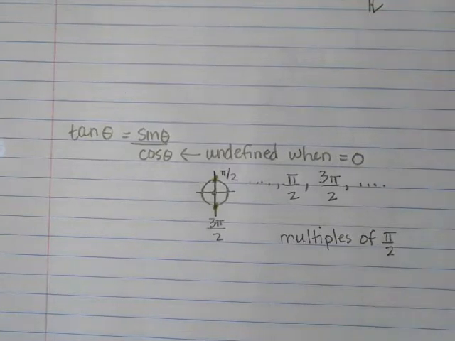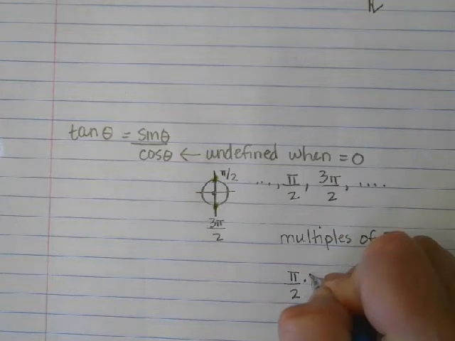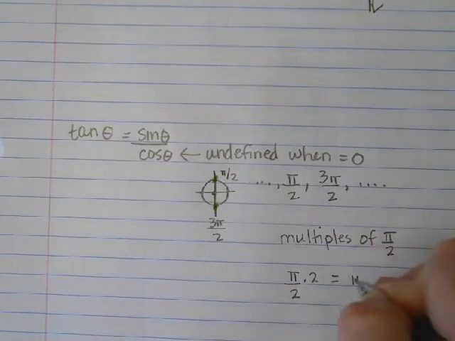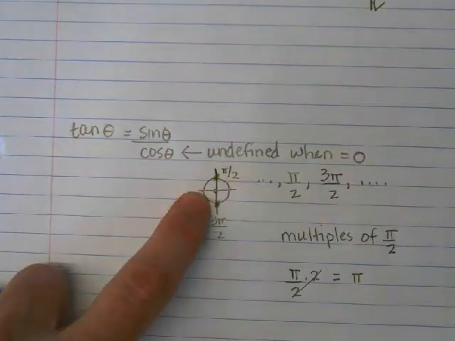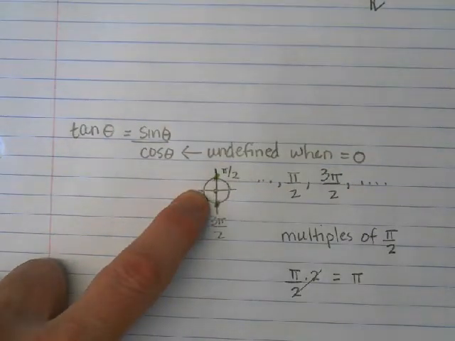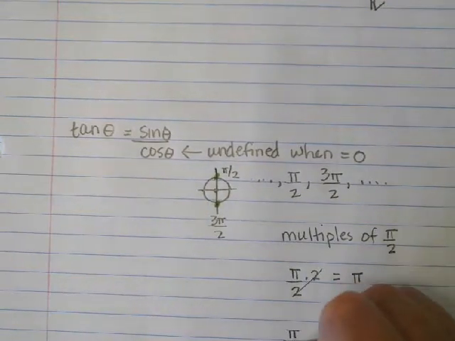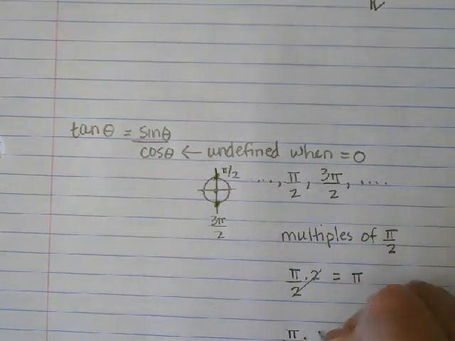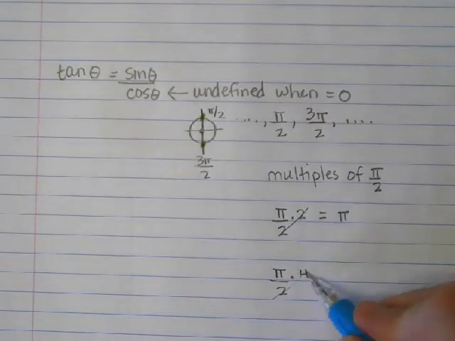Well, the problem with that is, let's say I had pi over 2 times 2, because that's a multiple. Well, that's pi, because those would cancel out. So no, at pi, the cosine is -1. It's not 0. Okay, let's say I did pi over 2 times 4. Well, that's 2 pi.